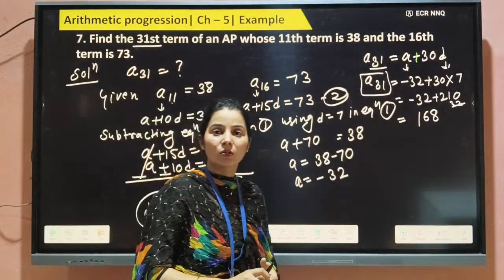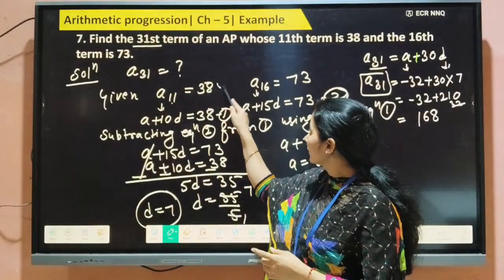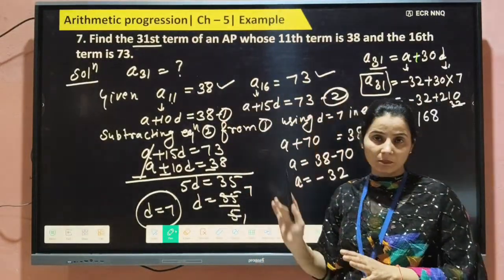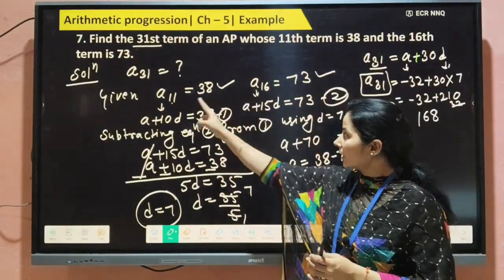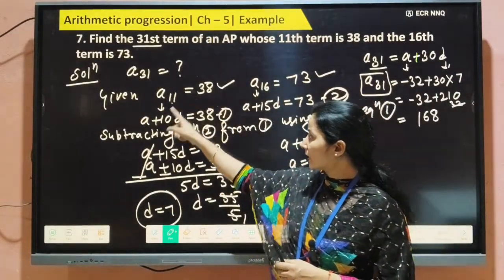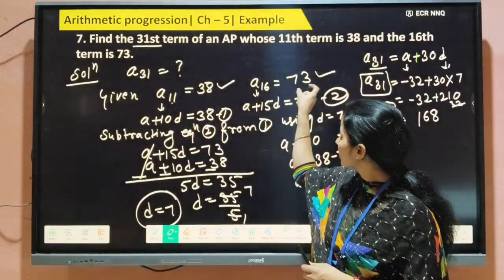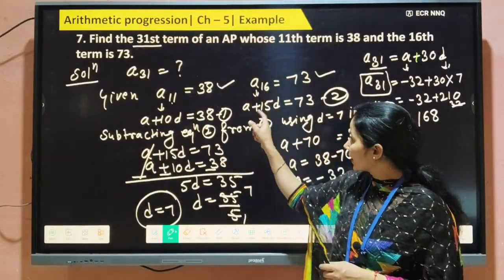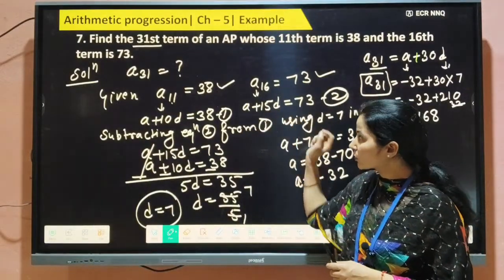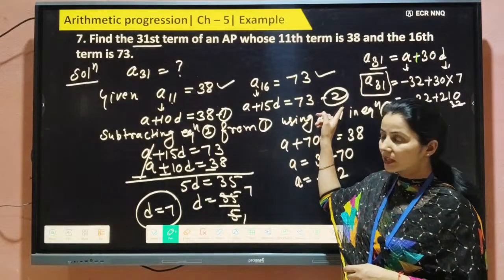We need to find the 31st term of this AP, where the 11th term and 16th term are given to us. The 11th term of this AP is 38, so we can write A plus 10D equals 38, and A16 equals 73, so A plus 15D equals 73. These are equation number 1 and equation number 2.